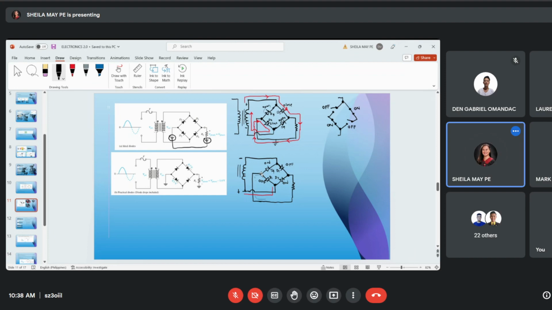In reverse bias condition. So this is off. So on reverse bias condition, balik ta sa positive. Now for the current flow in here, sundon niya ang red, red, red, red. Sundon niya ang positive to negative flow.